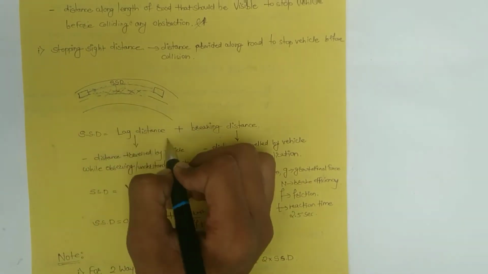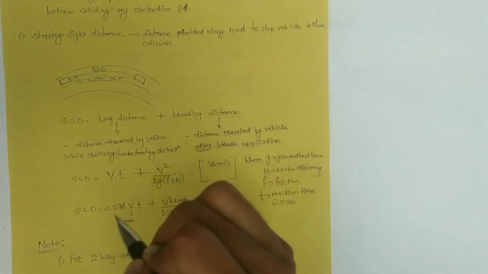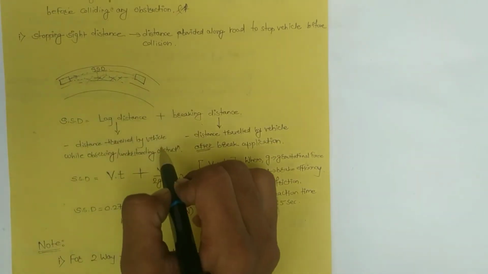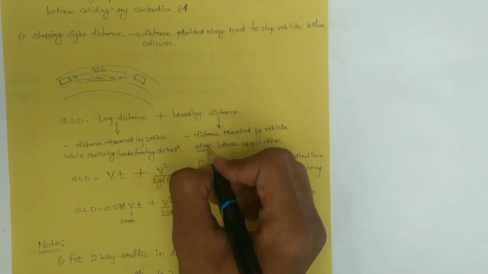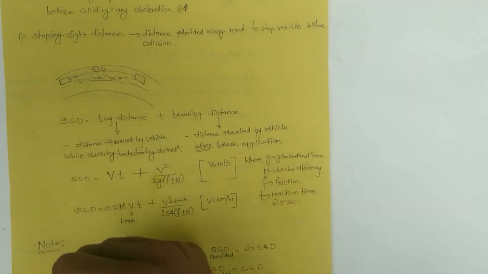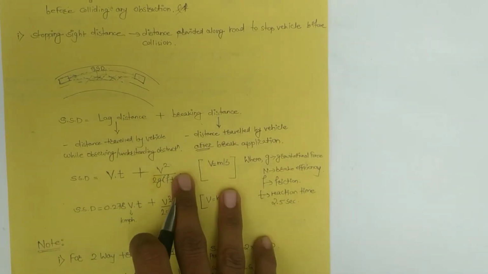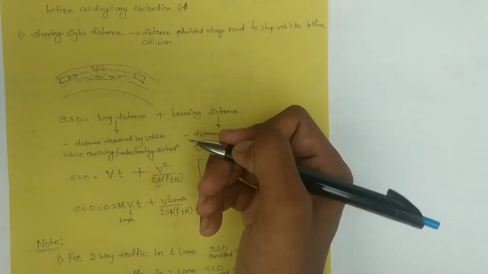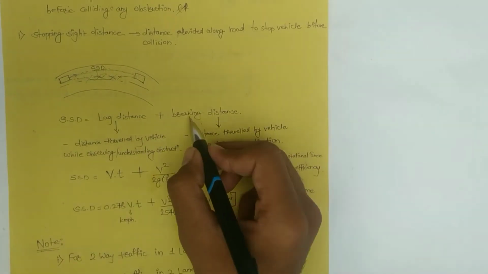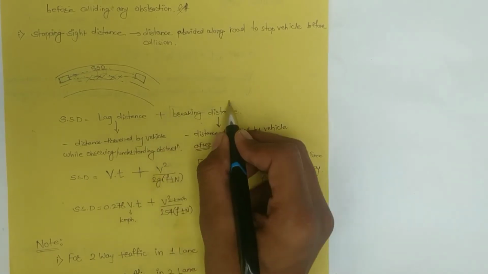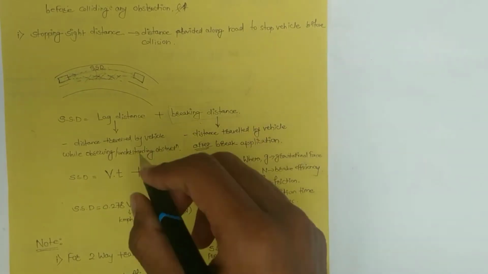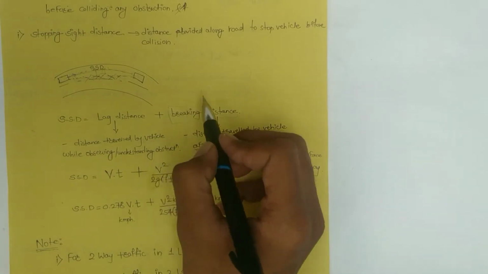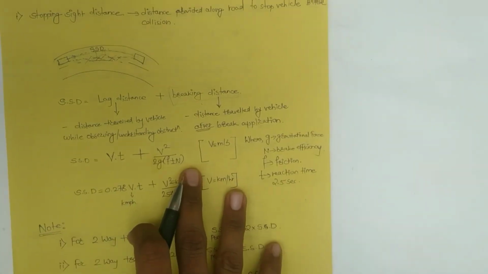That distance is the lag distance. Next is braking distance. After understanding the obstruction, the driver applies the brake to the vehicle. The vehicle will not stop directly at that place. It will take some time to stop. The distance covered by the vehicle after the application of braking is called the braking distance.